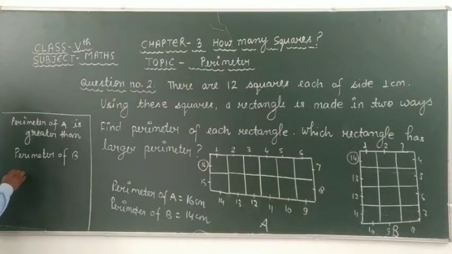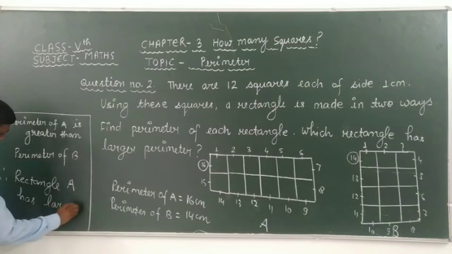So rectangle A has the larger perimeter.